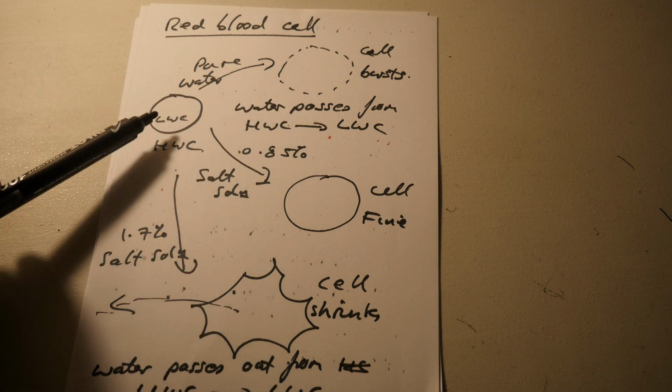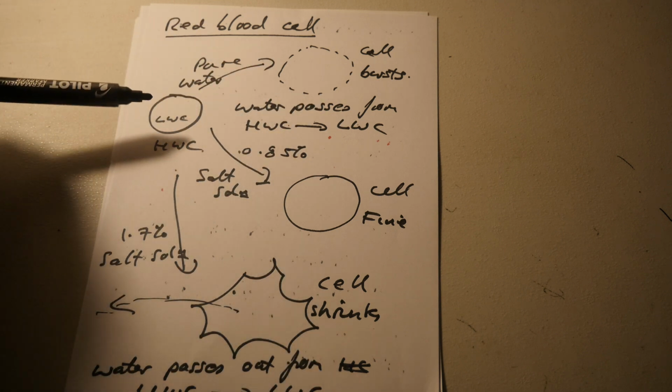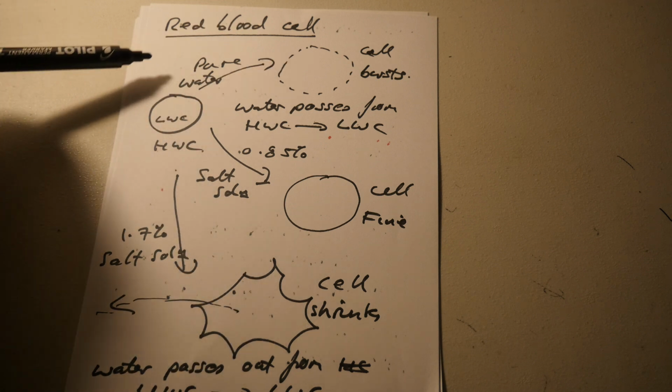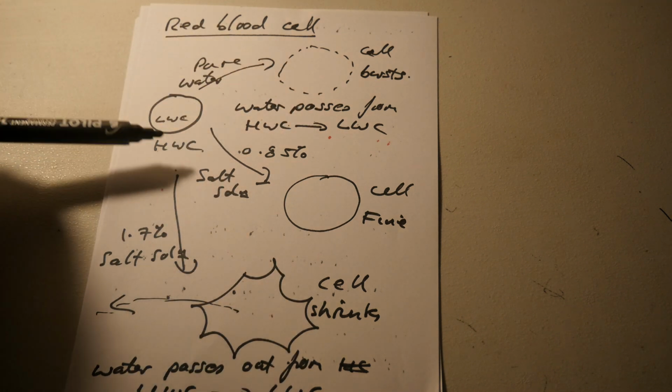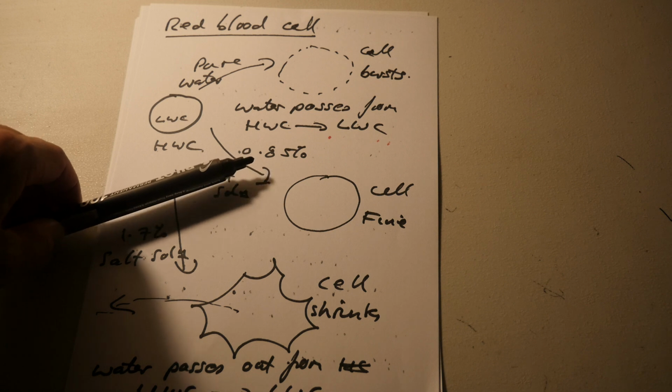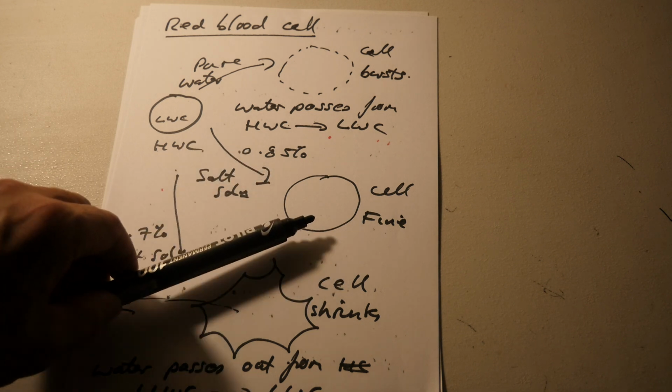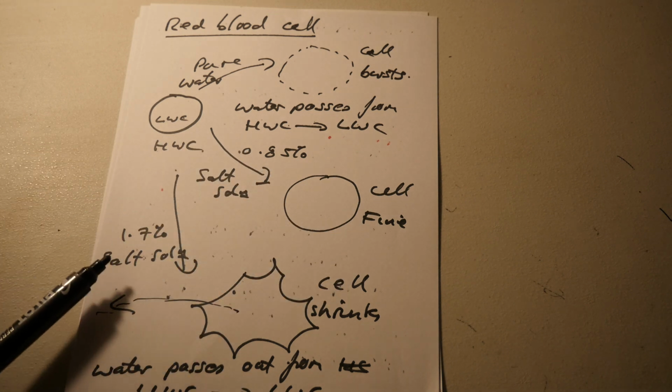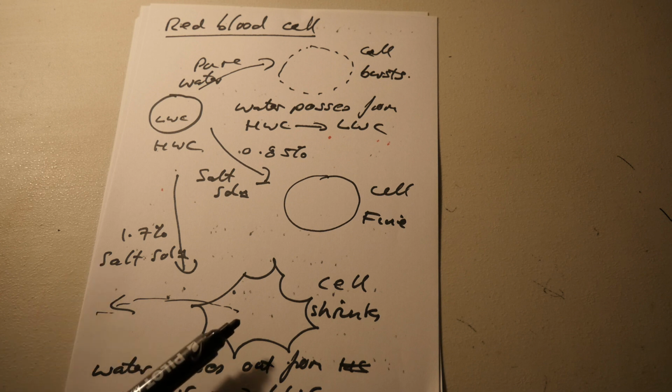Water goes from high water concentration to low water concentration, okay? High outside to low inside the cell, and it bursts. So you put it into salt solution that's the same as our bodies, 0.85, the cell stays the same. If you put it into a very concentrated salt solution, the water leaves the cell and it actually shrinks, okay?